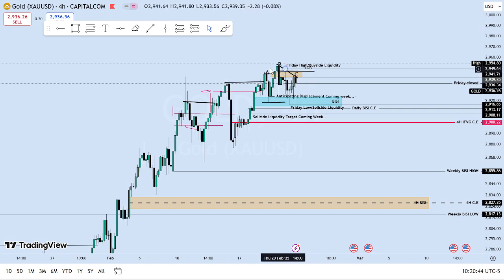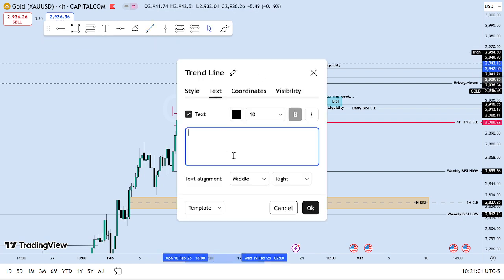So what we should be anticipating is a displacement. This high is a buy side liquidity, a higher buy side liquidity taken, a buy side liquidity swap.